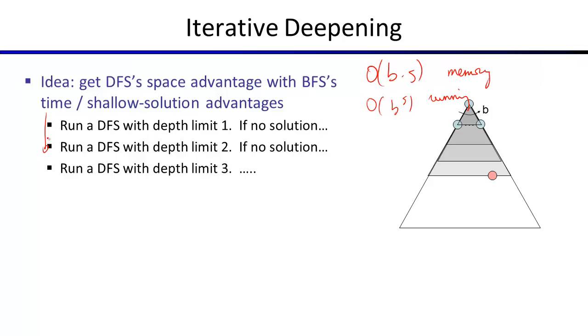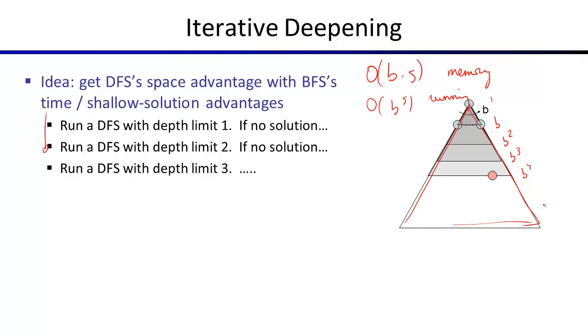Keep in mind, when you look at this tree, this picture is not the real picture. Keep in mind, depth 1, 1 node, depth 0 or 1, whatever you want to call it, 1 node. Then here you have B nodes. Here you have B squared, B to the third, B to the fourth, and so forth. So the size of the tree for a given depth grows exponentially.